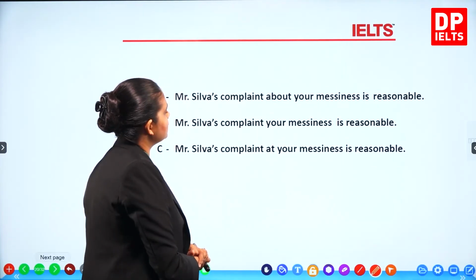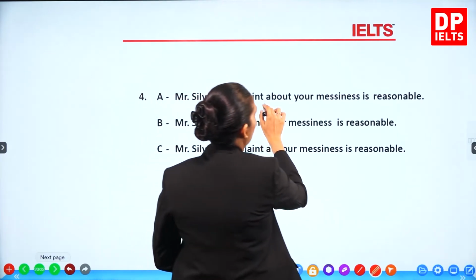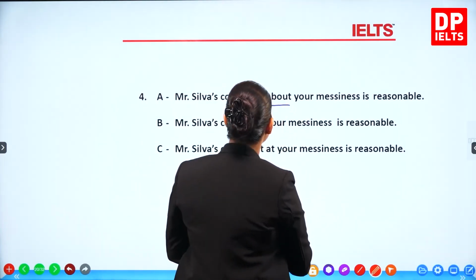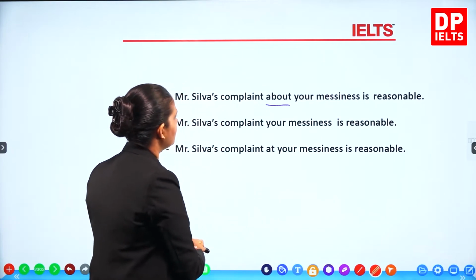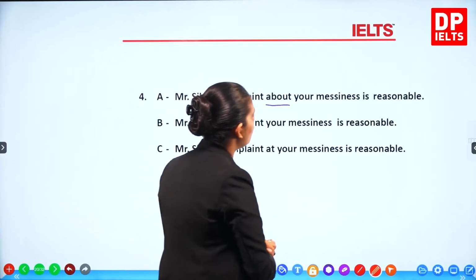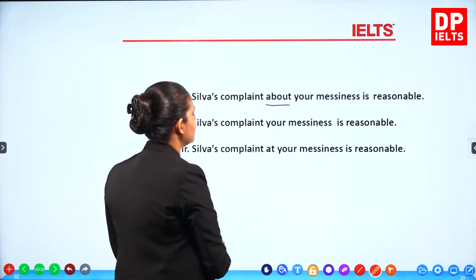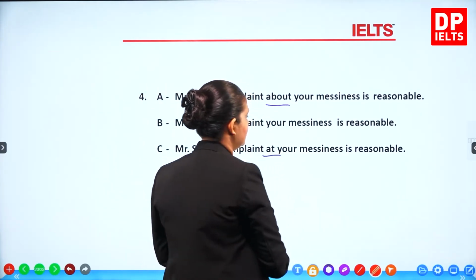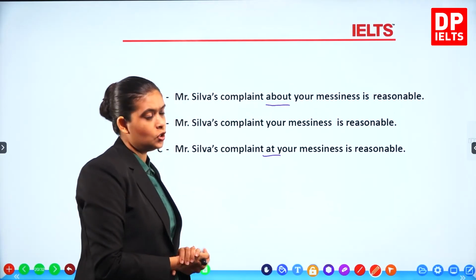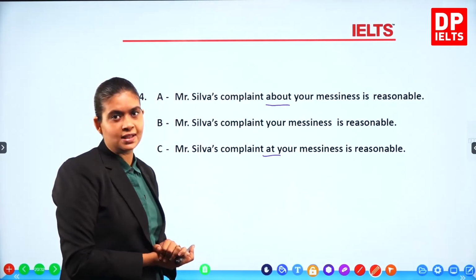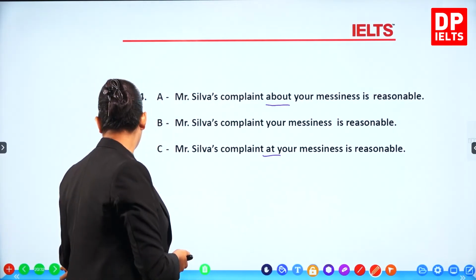Mr. Silva's complaint about your messiness is reasonable. Mr. Silva's complaint, your messiness is reasonable. Mr. Silva's complaint at your messiness is reasonable. So which sentence or sentences do you think are correct?